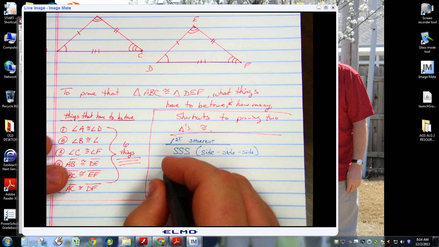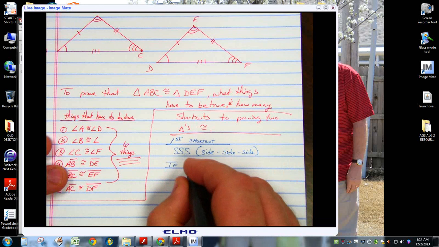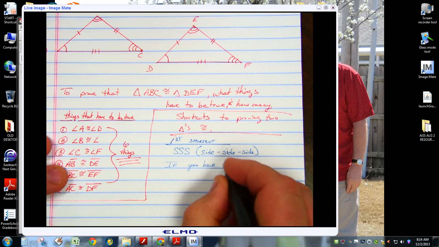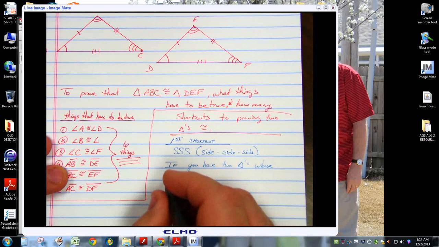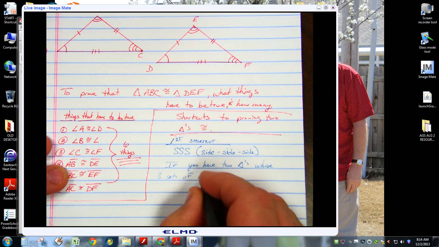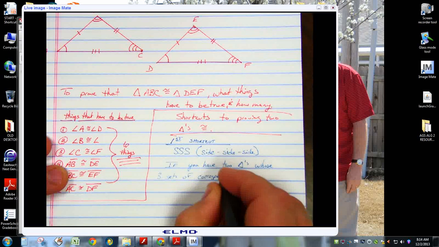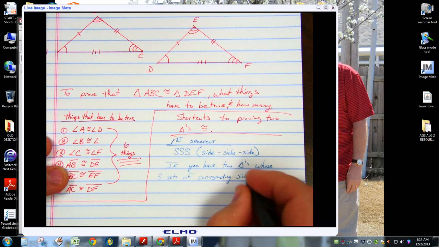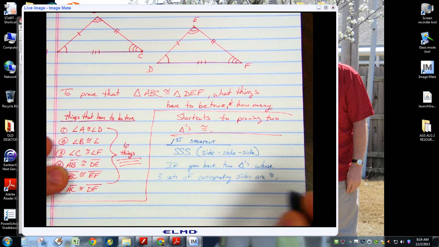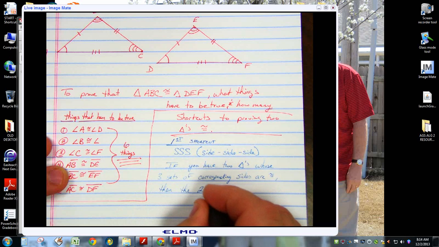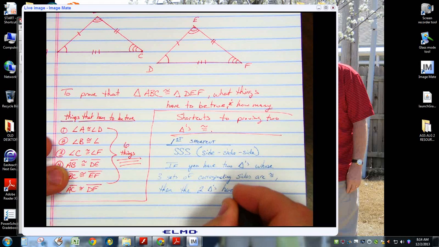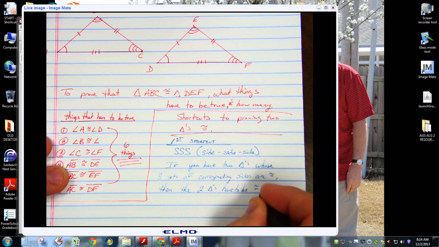What it says, if you have two triangles whose three sets of corresponding sides are congruent, then the two triangles have to be congruent as well.